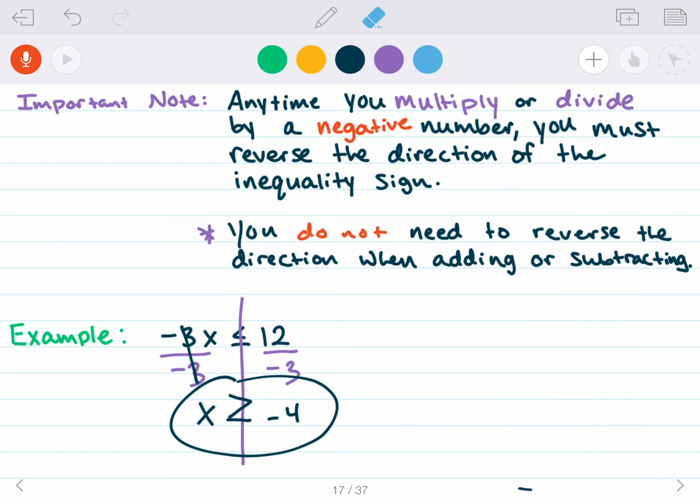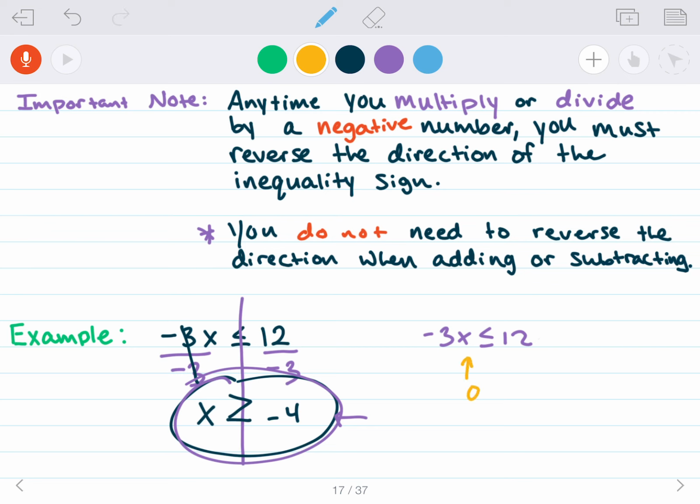But here, when we flipped it, now this is true, right? Because my original equation was negative 3x less than or equal to 12. So this says that anything that's bigger than or equal to negative 4 will satisfy this. So if you plug in, for instance, something like 0, 0 is bigger than or equal to negative 4.